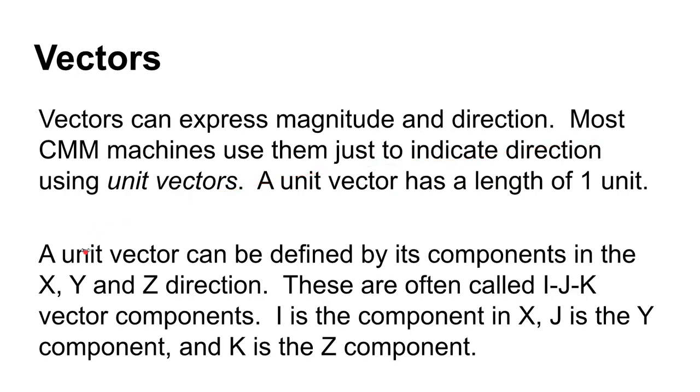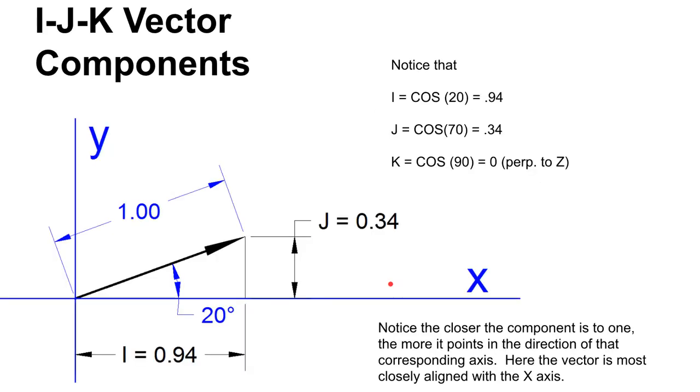All right, so we use what's called a unit vector, a vector that has a unit length of 1. And the way that we will define these vectors is by their components. And we'll call the components the I, J, and K components. And these align with the X, Y, and Z axes of the coordinate system that we're going to be in.